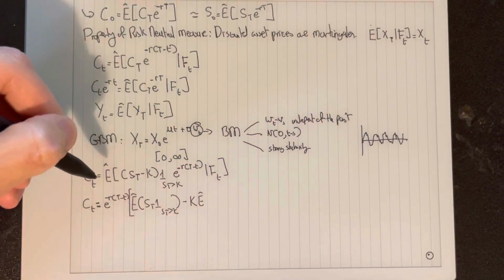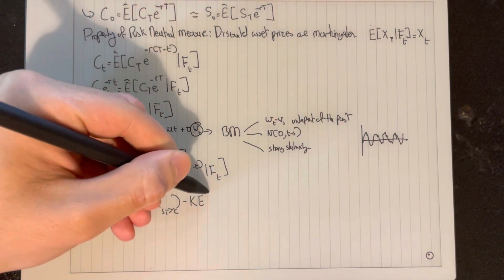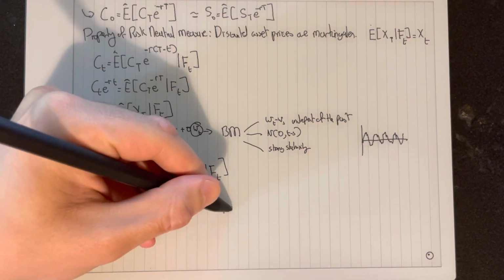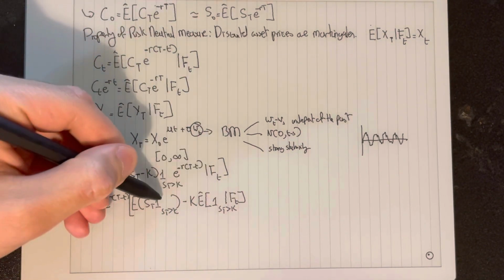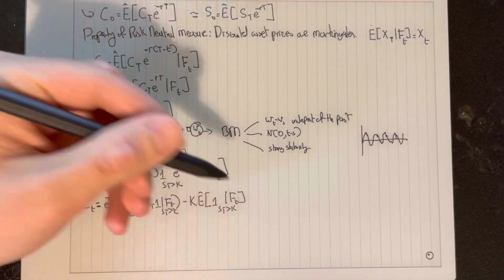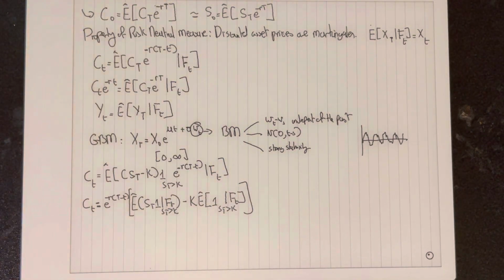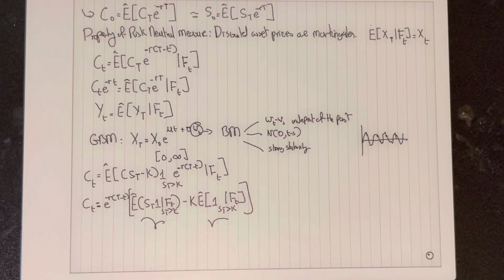We took K outside the expectation because it is a strike price which is constant, and we will simply have that as the indicator function where S_T is greater than K. Of course, we have to just rewrite that we have filtration over here. So now what we need to do is solve those two parts of the equation.